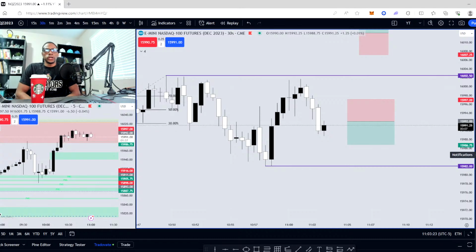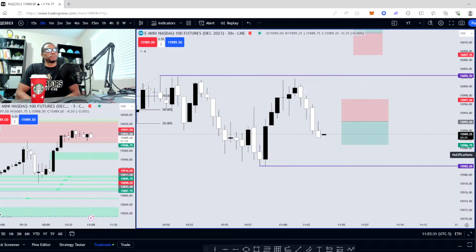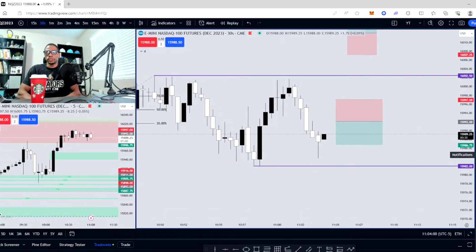Let's just be aware that so far today, from the London session until now, price has been bullish for about 200 points, from about 15,800 to 16,000. So let's keep that in mind as we see price stall and consolidate. It's been very active this morning, and it will need to either consolidate or retrace. We got a slight retracement at 9:30, but so far, price still has moved 200 points from where it started to where we are currently.